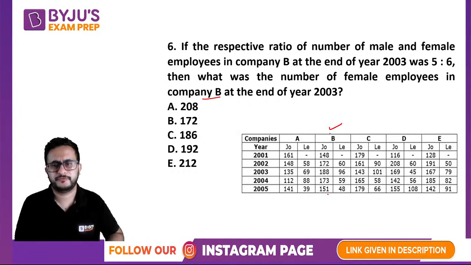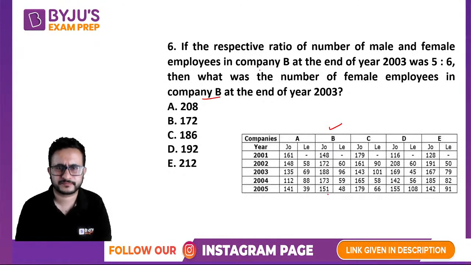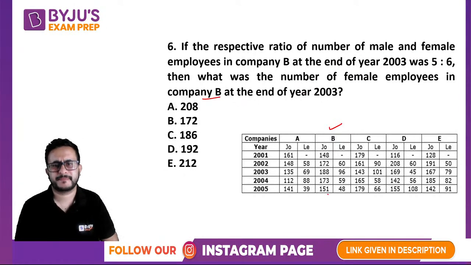So for B you have to find the number of employees. The ratio of male and female employees is 5:6. So you have to find the number of female employees at the end of year 2003.